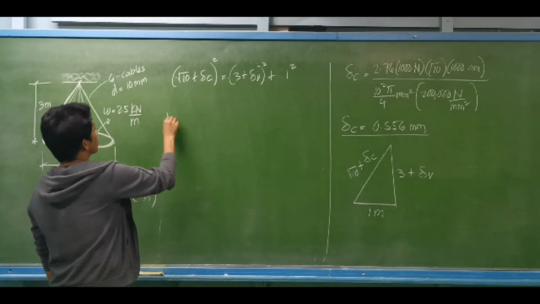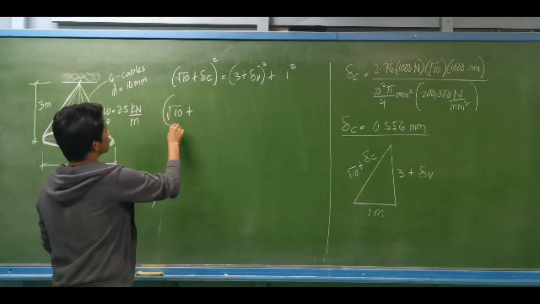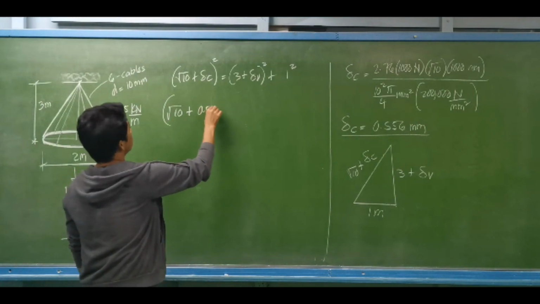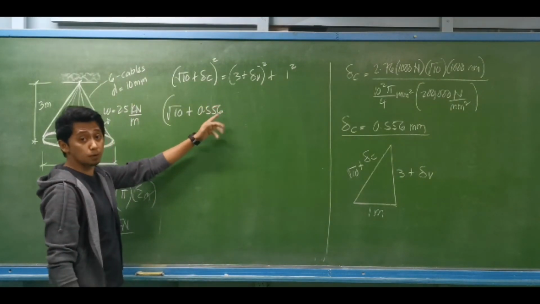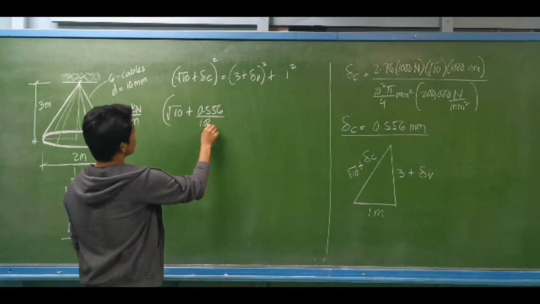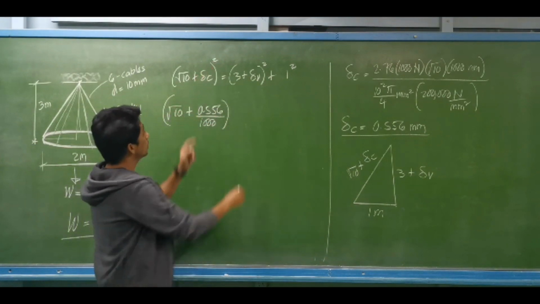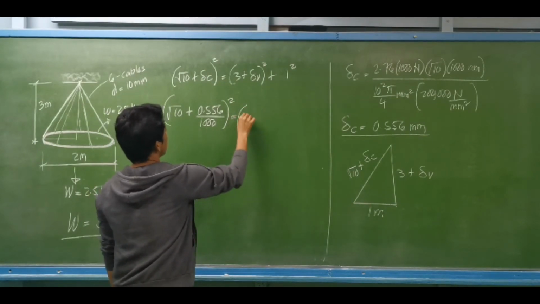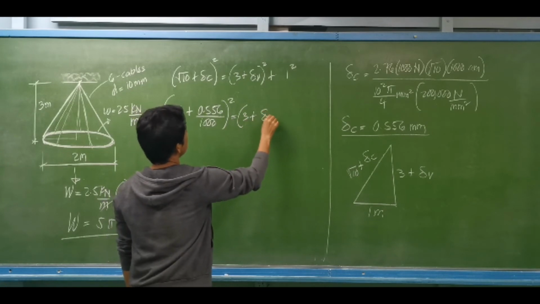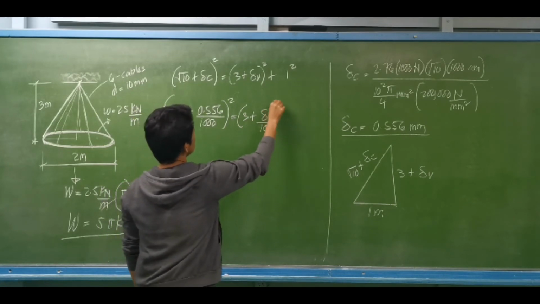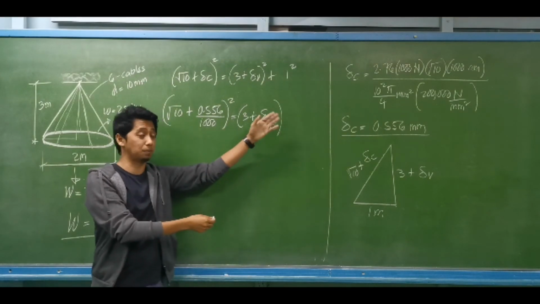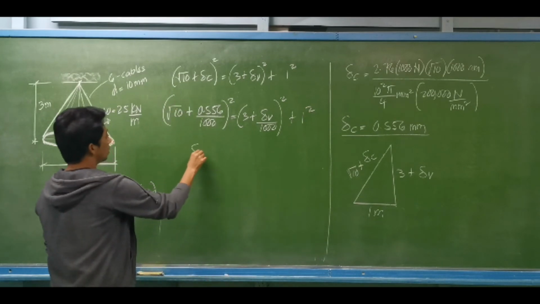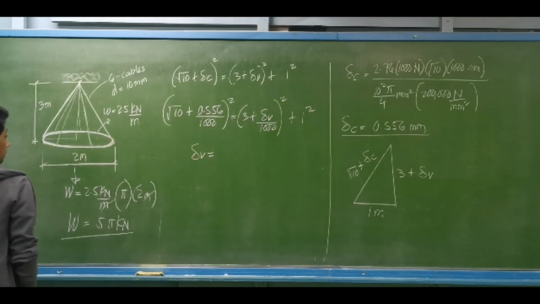So the square root of 10 plus the deformation of each cable, 0.556 millimeter divided by 1,000 to be in meters, squared, is equal to 3 meters plus delta B divided by 1,000, so that our answer will be in terms of millimeters, squared, plus 1 squared.